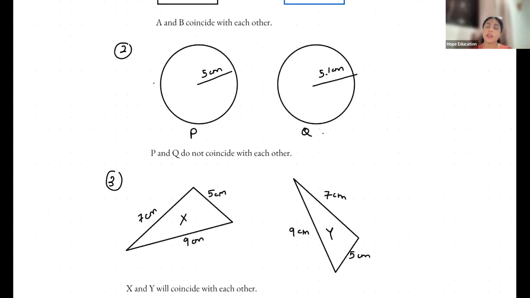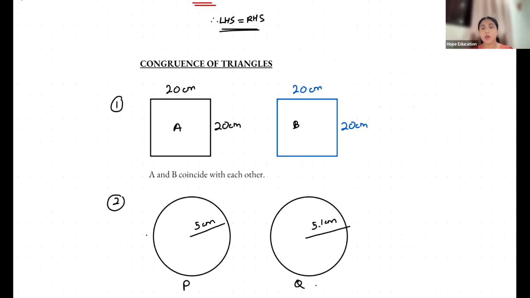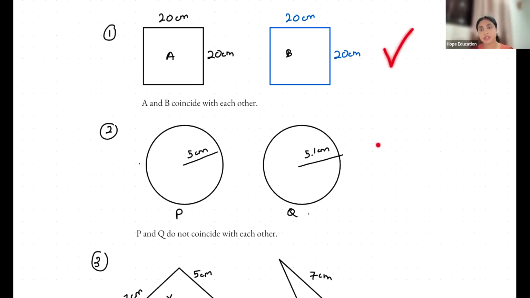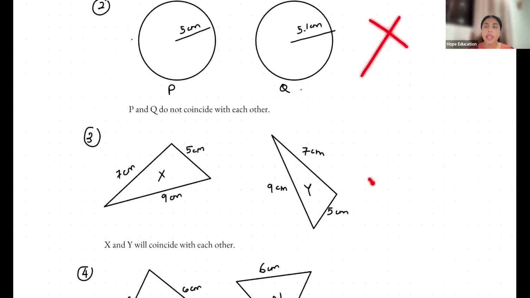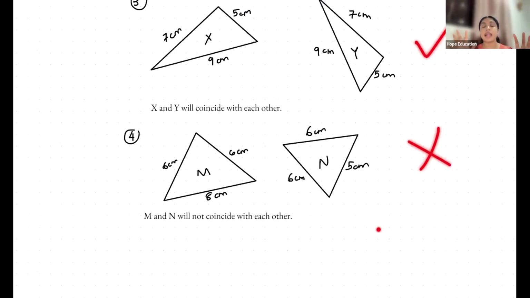Some plane figures coincide with each other. Some plane figures, they don't. Any two plane figures that coincide with each other, we call them congruent. So if two figures are coinciding with each other, we call them congruent plane figures.